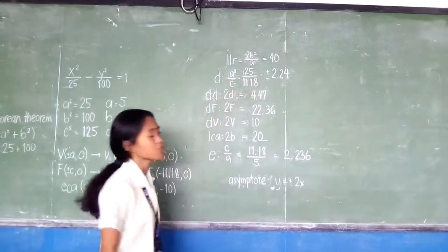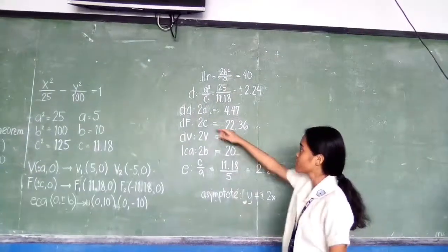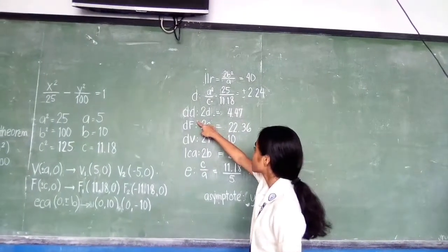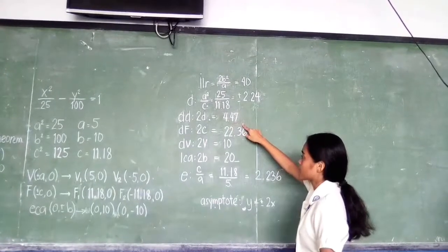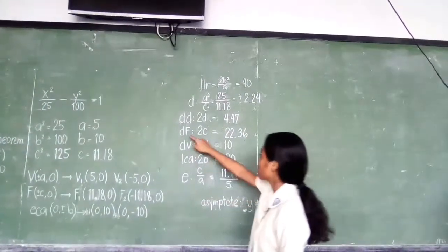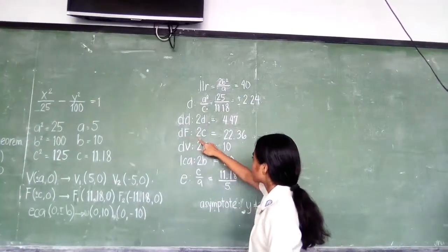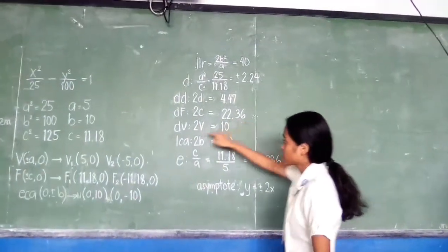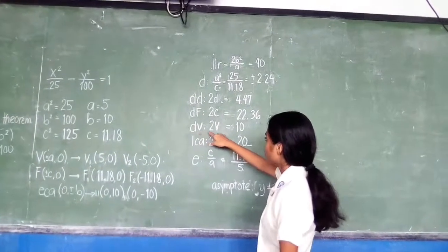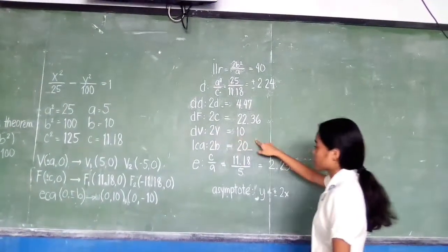positive negative 2.1. For the distance of the directrix, we use the formula 2 times t is equal to 4.47. For the distance of the foci, we have 2 times c is equal to 22.36. For the distance of the vertex, we use the formula 2 times a is equal to 10.